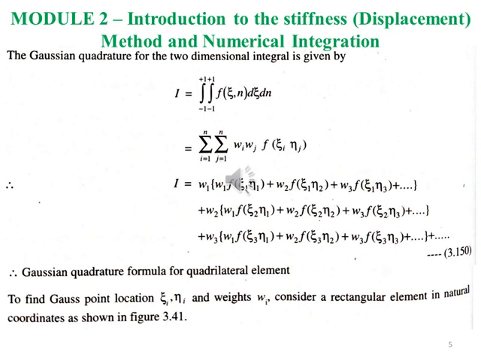So here the Gaussian quadrature formula for a quadrilateral element, if we are considering, then we can consider four points, 1, 2, 3 and 4. To find the Gauss points zi, ni and the weights wi, let us consider a rectangular element with its natural coordinates as shown in the next slide.